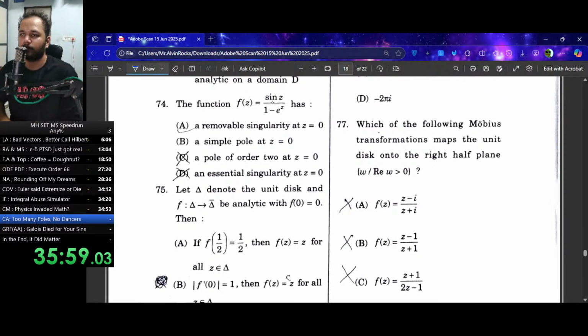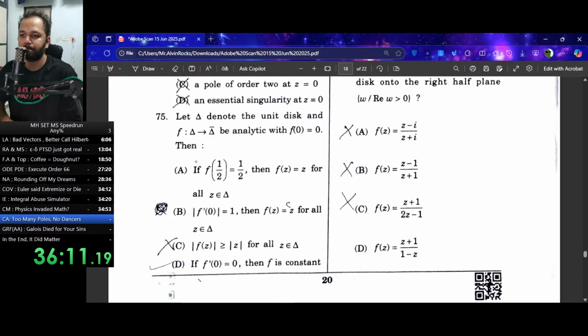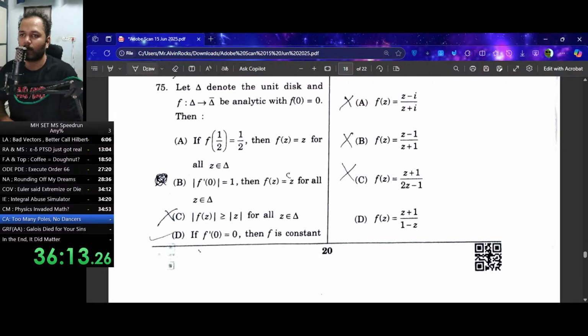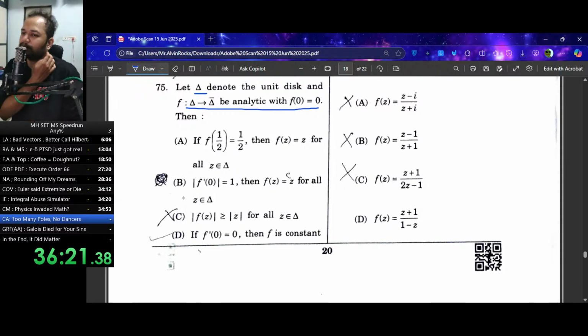Again, this has a zero of order 1, and one pole of order 1, so 1 minus 1 is 0, therefore removable singularity. And gamma be the unit disk with analyticity. Okay, this means Schwarz lemma.